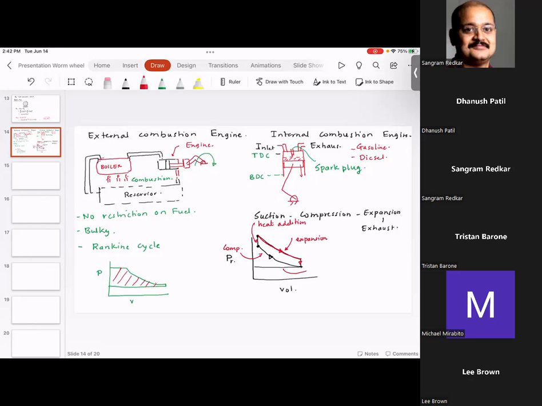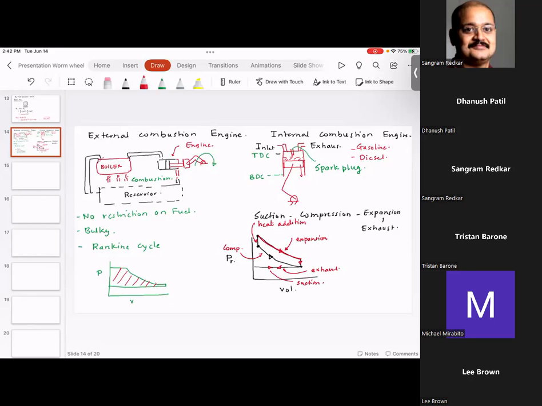And then finally you have exhaust. And then here you have suction. So that is how the cycle completes.